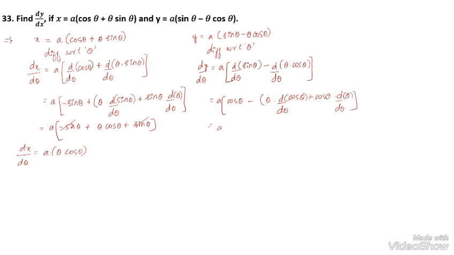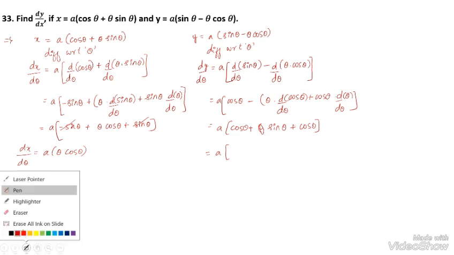Now, a into cos theta minus, here theta, differentiation of cos theta will be minus sin theta, minus into minus becomes plus, that is theta sin theta, plus cos theta. Here differentiation of theta with respect to theta becomes 1. Okay, now a into, here there is a minus.